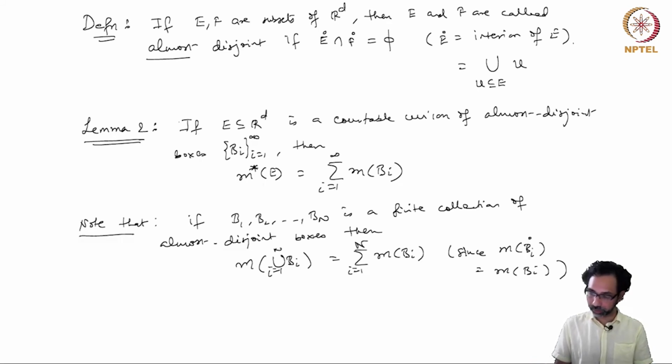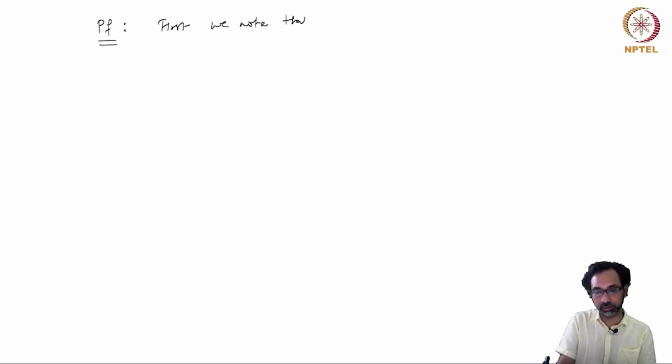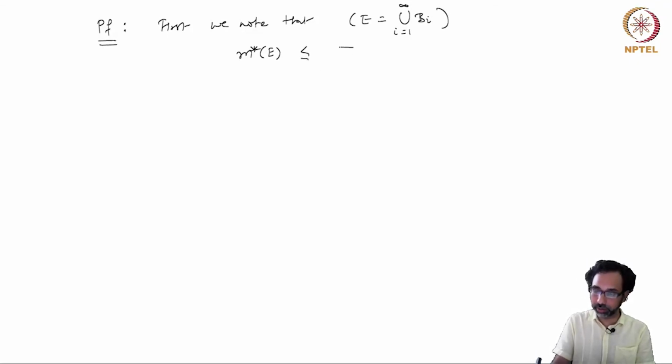So let's try to prove this. The proof is not very difficult. So first we note that the outer measure of E, where E is, remember, the countable union of these almost disjoint boxes, by countable subadditivity, is bounded above by the sum of the measures of these Bi's, i equal to 1 to infinity.